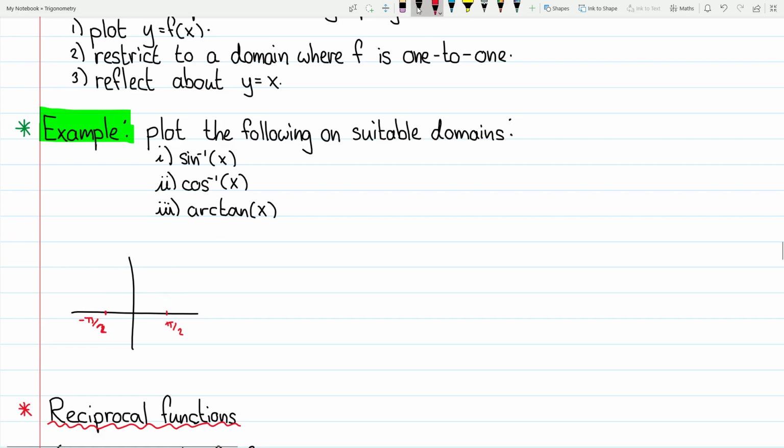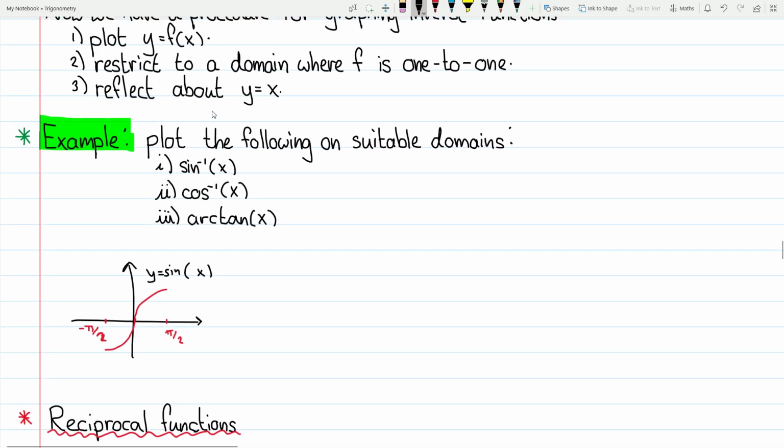Our sine graph looks like this. There we go. So this is our y equals f of x, y equals sine of x, and our domain is the values between negative pi on 2 and pi on 2.